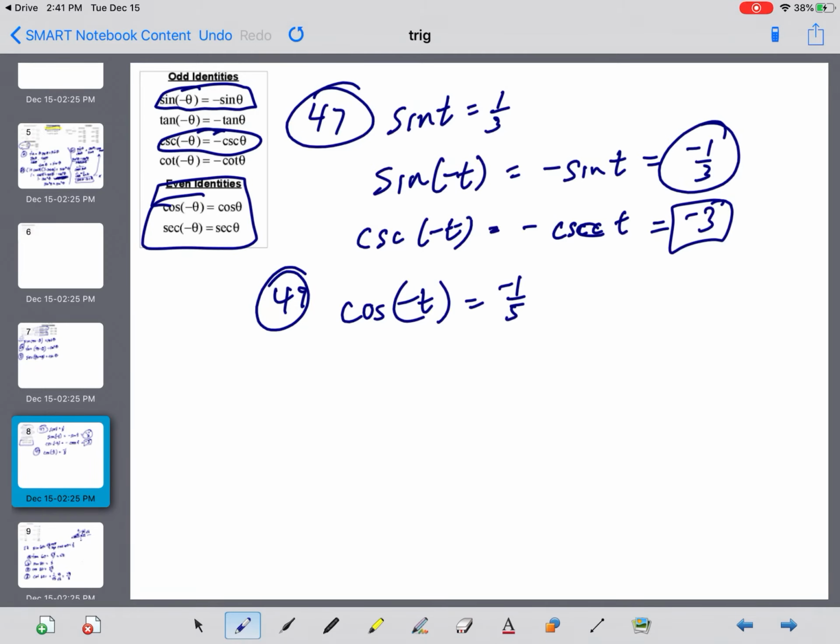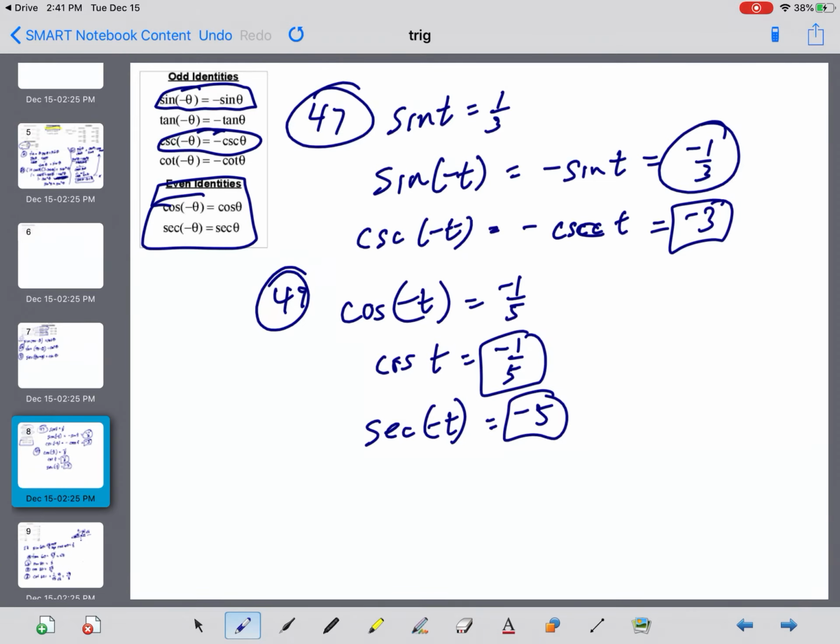So cosine and secant are even, so they just stay the same. So the cosine of positive t is just going to be negative 1/5. And the secant of negative t is going to be just what secant is. And it's going to be the reciprocal. It's just going to be negative 5.